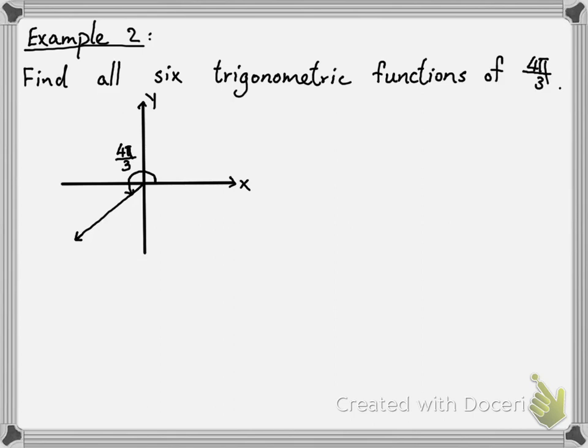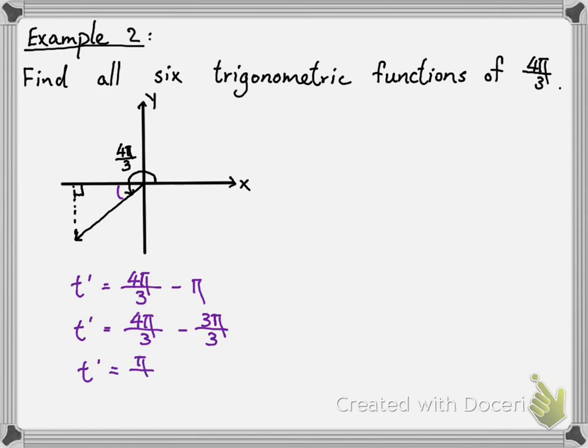Again, we will draw the vertical dashed line onto the x-axis. To find the reference angle, we have 4π/3 minus π, which is 4π/3 minus 3π/3. Therefore, the reference angle is π/3.